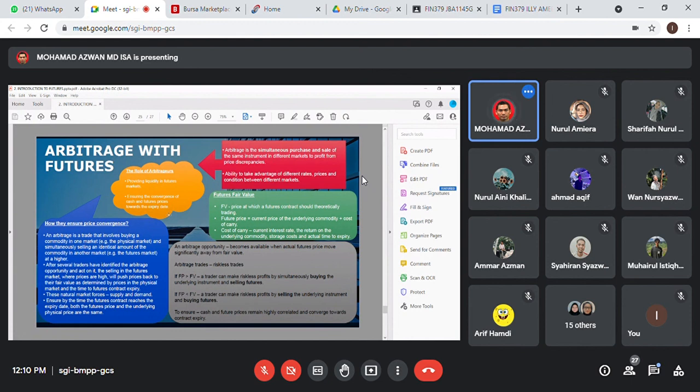So they can take two positions, one in the cash market and another in FKLI or the futures market at the same time. So at least their position is covered, backed up.